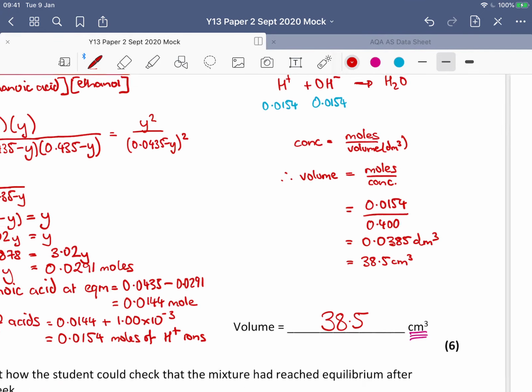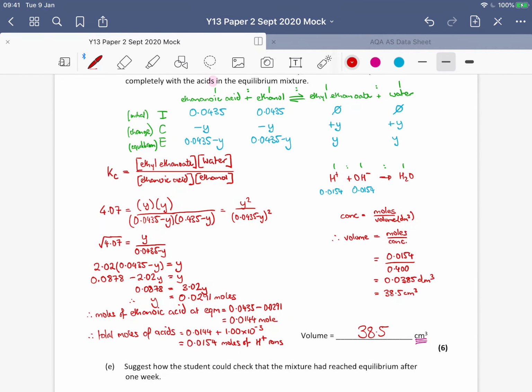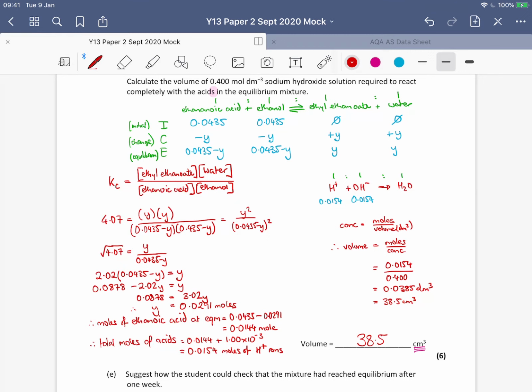Now that is a tricky question, so let me just talk you through it again. I'm going to try and show all of the working out here. We were talking about the same reaction that was given right at the beginning of the question. We were given initial moles of ethanoic acid and initial moles of ethanol, and we were also given a Kc value.